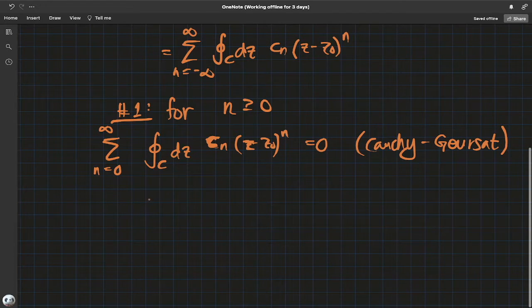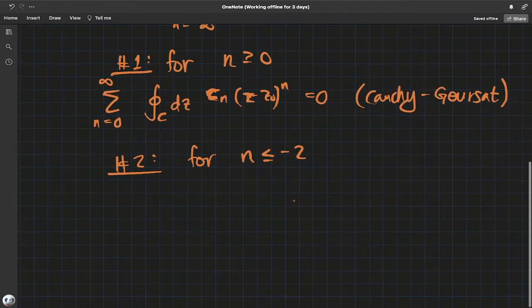What about case number 2? The case when n is less than or equal to -2.